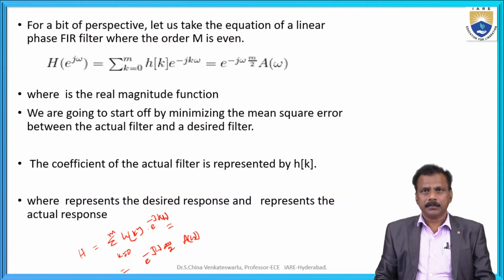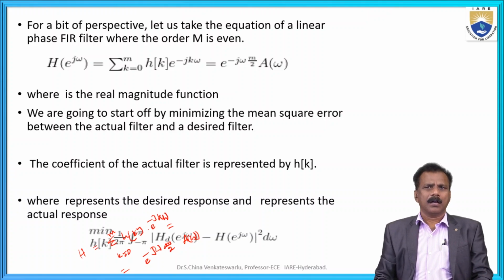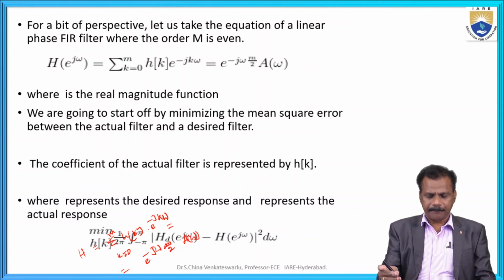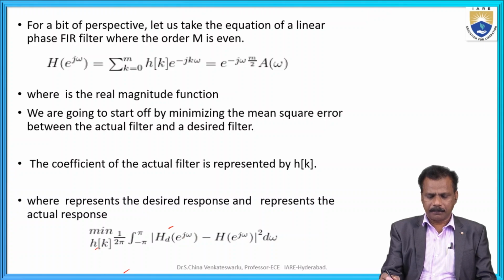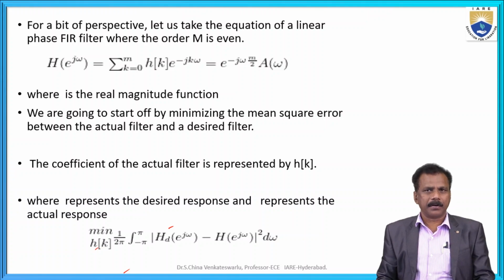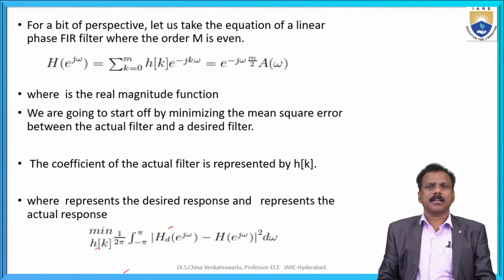Okay, with this, h of k is given by the minimum of 1 by 2 pi integral from minus pi to plus pi of the magnitude of H_d of e power j omega minus H of e power j omega, squared, d omega.